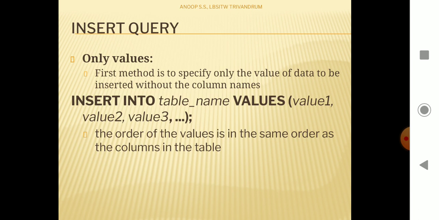So value 1 is the value of column 1 and value 2 is the value of column 2 in the table, and so on. The order of the columns or attributes has to be maintained.